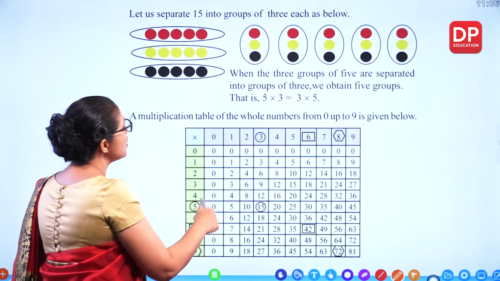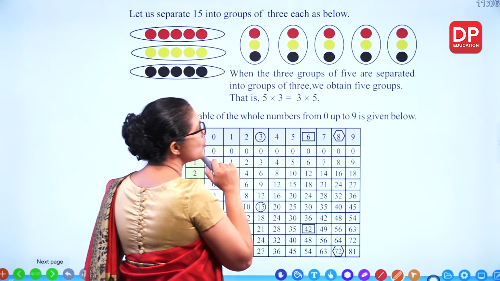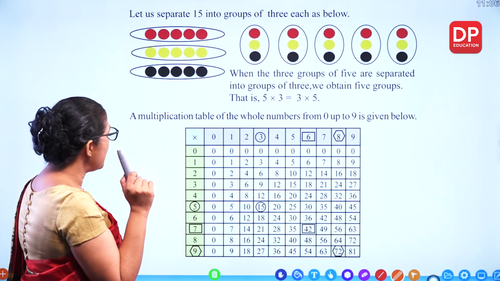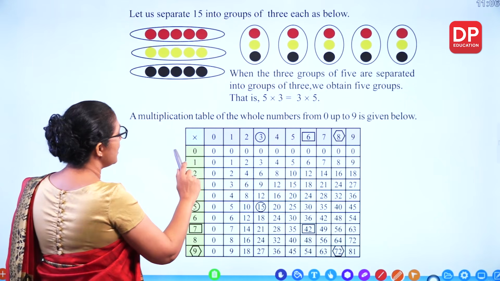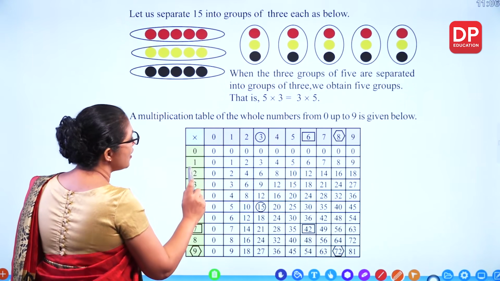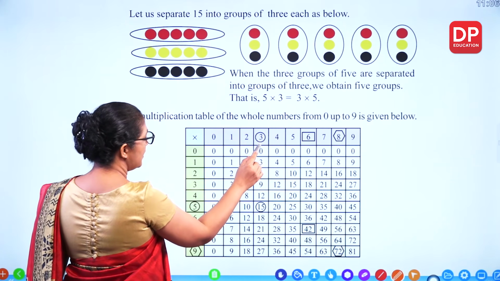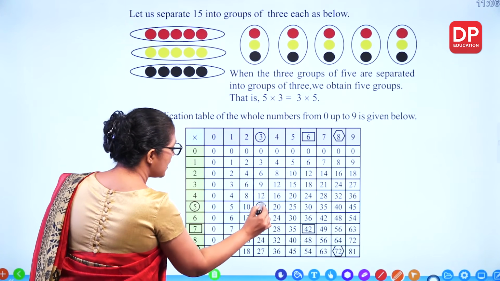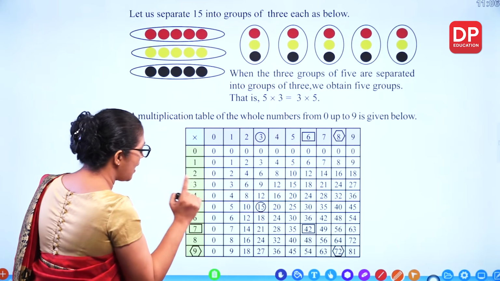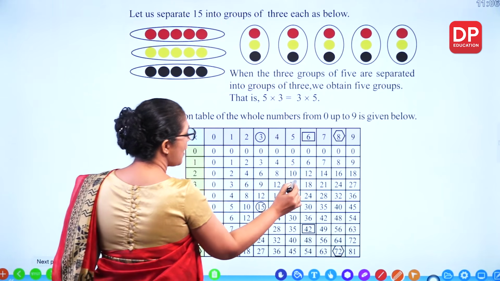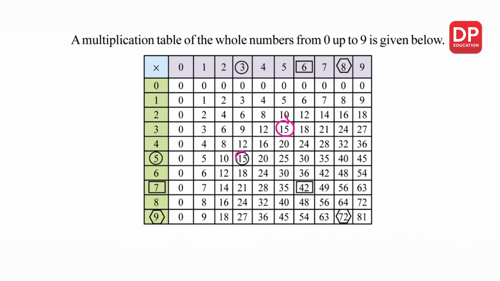So a multiplication table of the whole numbers from 0 to 9 is given below. So you need to know the multiplication. So here 0 times 0. Now look at this one. 5 times 3 here. So you get 15. And again you get 15. That's 3 times 5. Can you see?